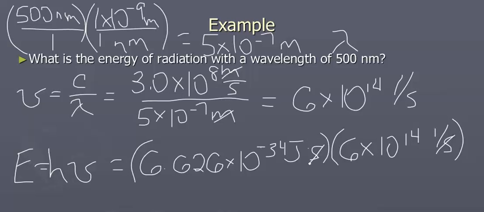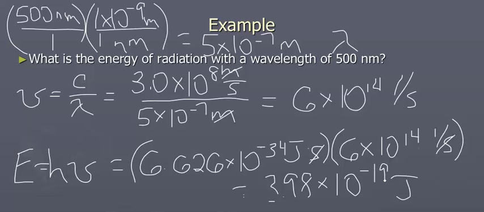Your seconds cancel. We're going to get energy of this particular light in joules. 3.98 times 10 to the negative 19th joules. That's the energy of 1 photon of this radiation.